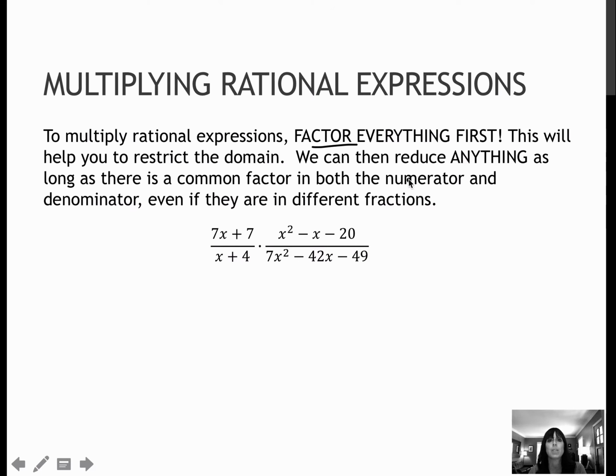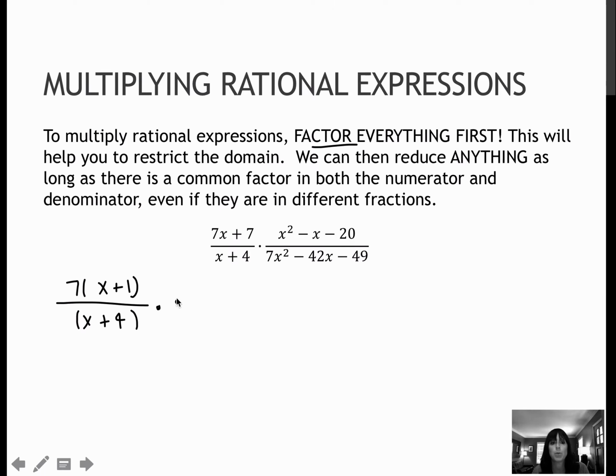We try to get rid of things that we can on top and on bottom, and then see what we have left over. Again, we do want to restrict the domain whenever possible, so let's do that as soon as we are done factoring. My numerator, I'm going to rewrite that as 7 and then x plus 1. My denominator doesn't reduce, it's just x plus 4.